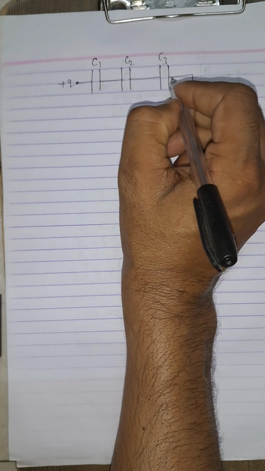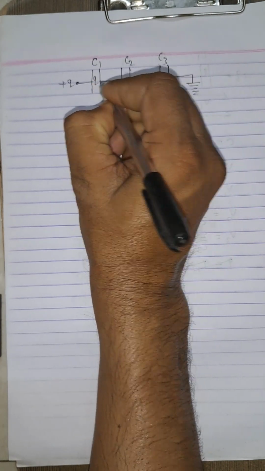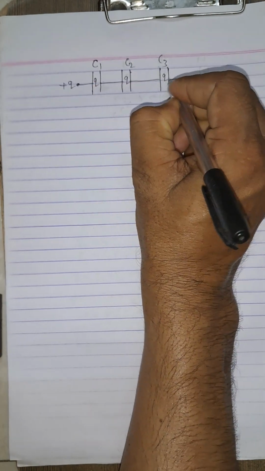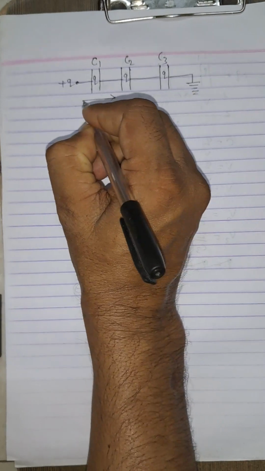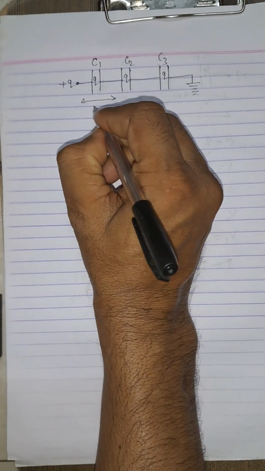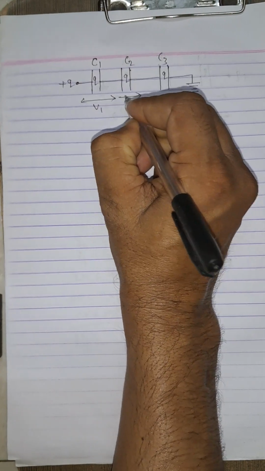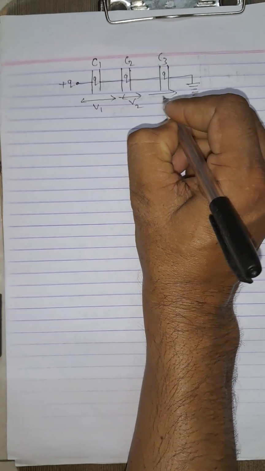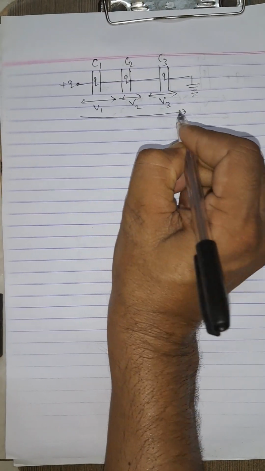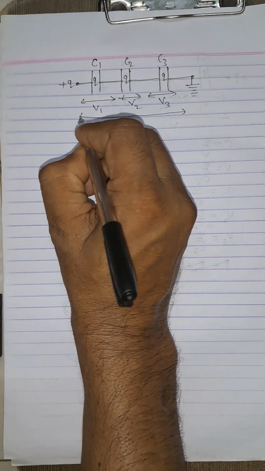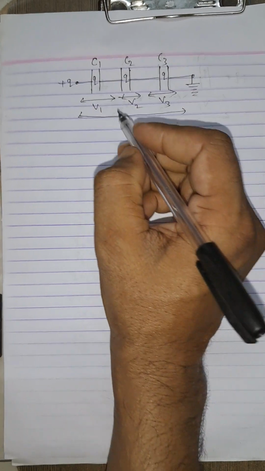The charge received by the capacitors is Q, Q, Q, that is the same, and the potential differences across the capacitors are V1, V2 and V3. The total potential difference between this point and this point is V.